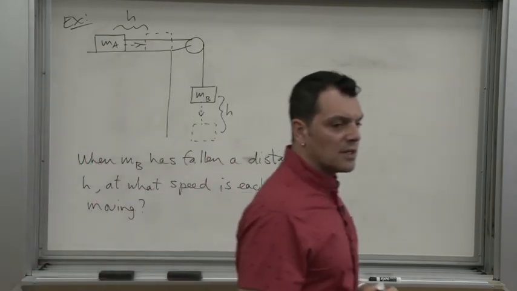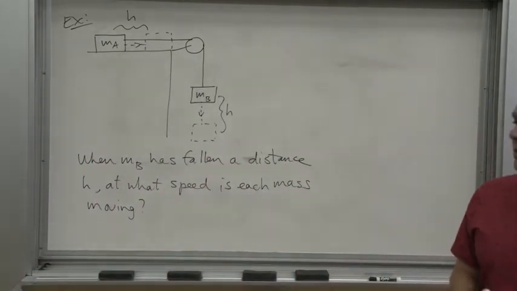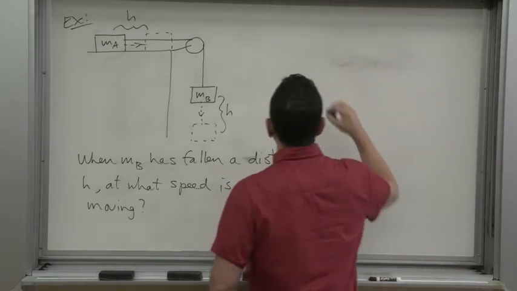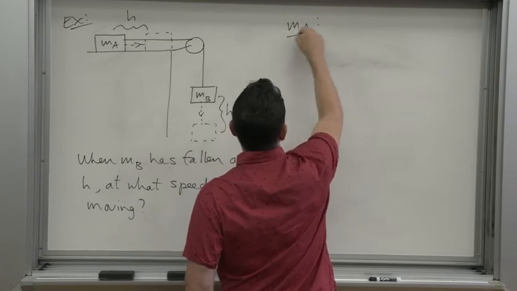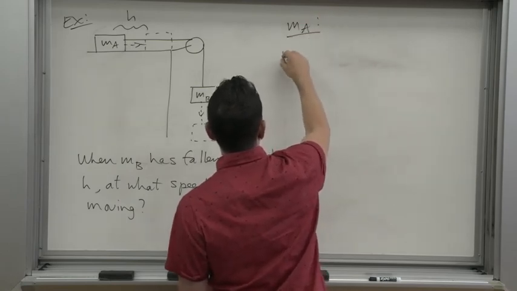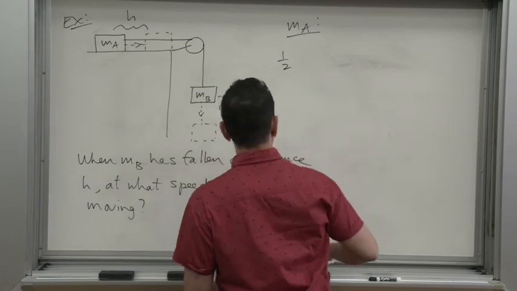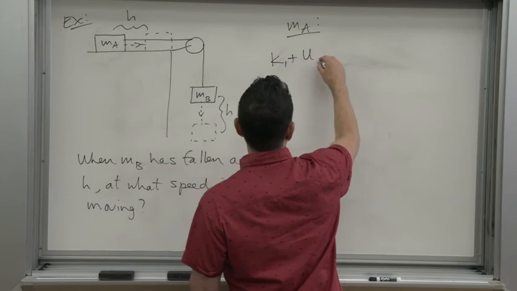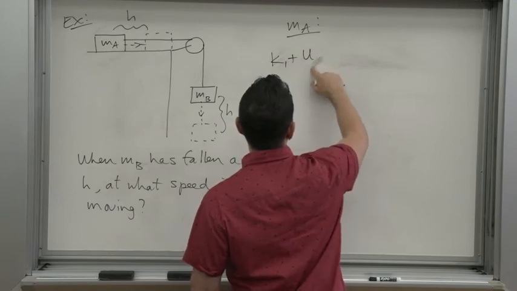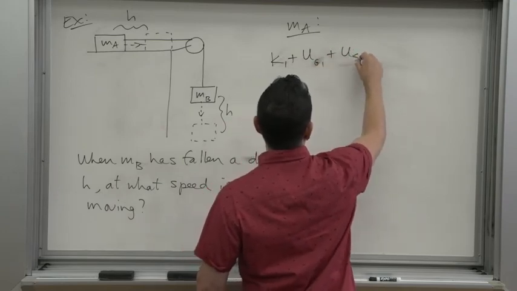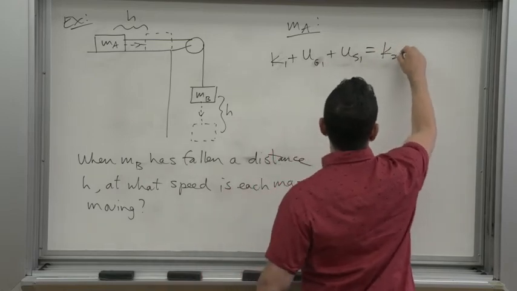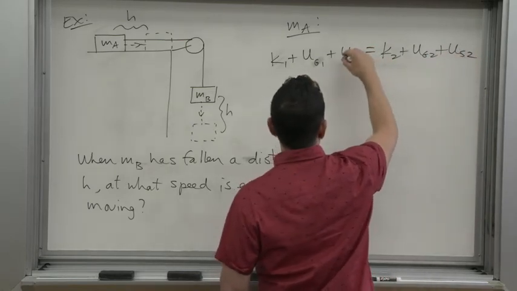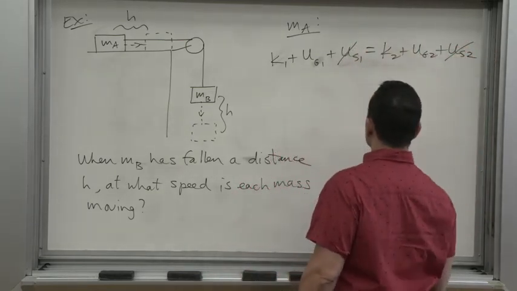So let's come up with our mechanical energy conservation equation for mass A. And what do we get? Kinetic energy, K1 plus UG1 plus US1 is equal to K2 plus UG2 plus US2. Now, US1 and US2, there's no spring here, so we can just leave that alone.